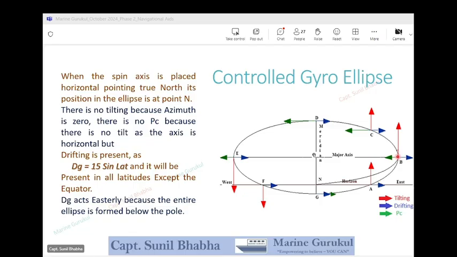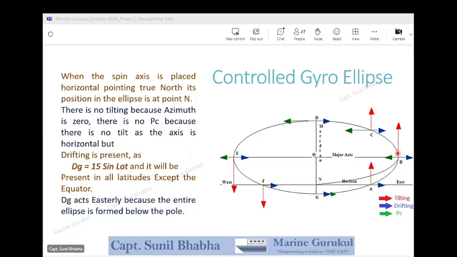At point Bravo, the tilting is maximum. It is the strongest and it is upward tilting. So from point B now, the spin axis moves upwards. It neither goes to east nor goes to west. It moves upwards. Now, as soon as it moves upwards, what is going to happen? As it moves upwards, the tilt is going to increase further.